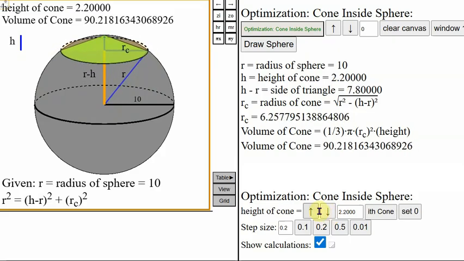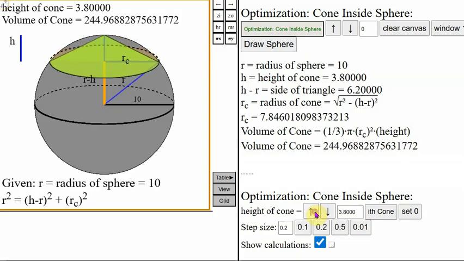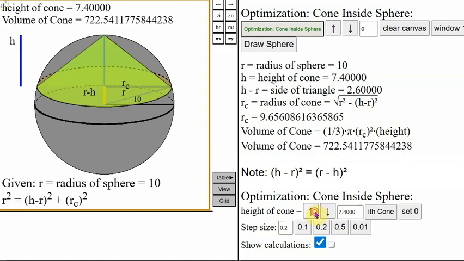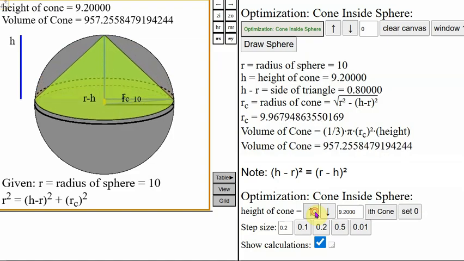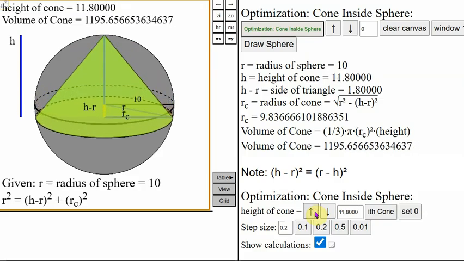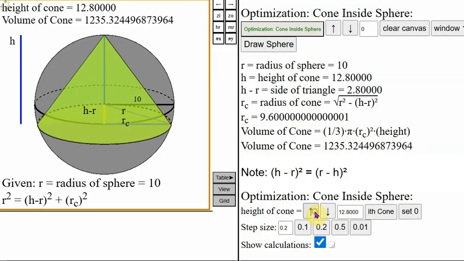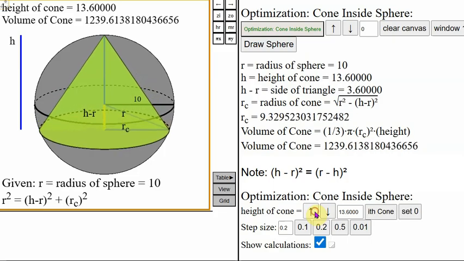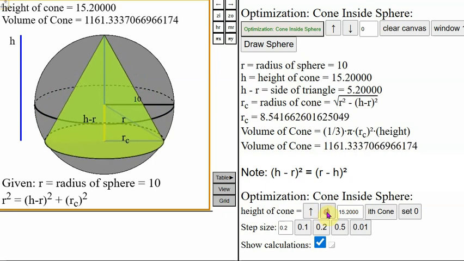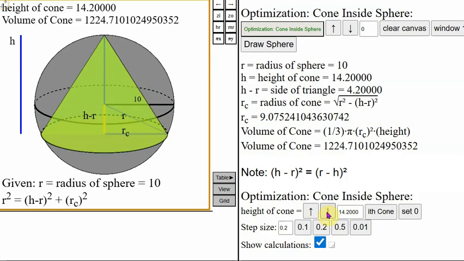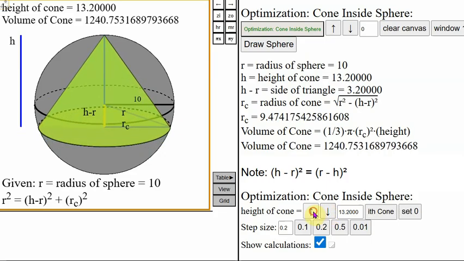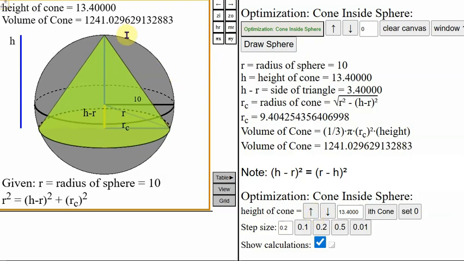And so it looks like the maximum volume that we're going to get is 1,241 approximately.